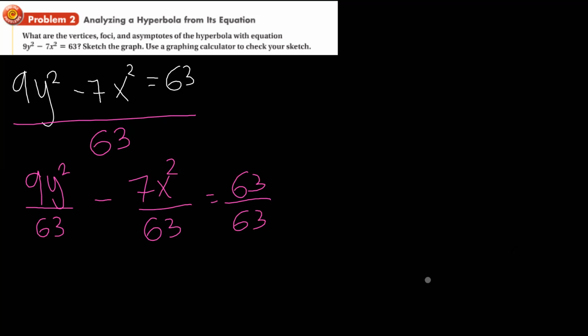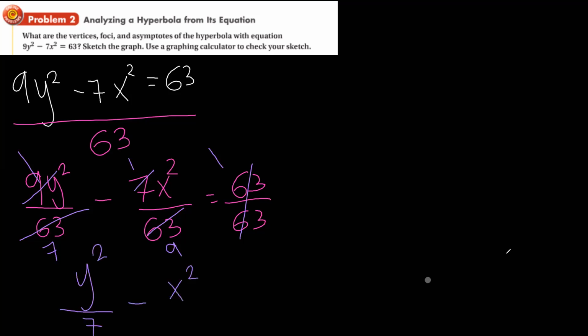Now let's simplify. 63 over 9 is 7, and 63 over 7 is 9, and 63 over 63 is 1. So now the standard form will be y squared over 7 minus x squared over 9 equal 1. This is my standard equation.